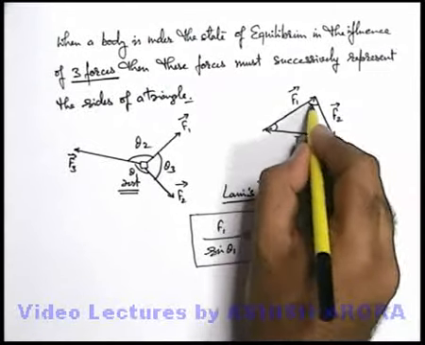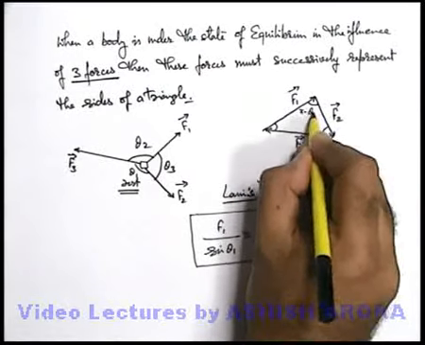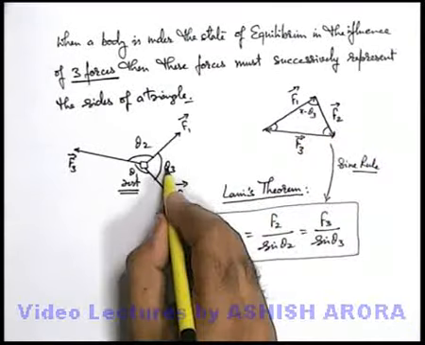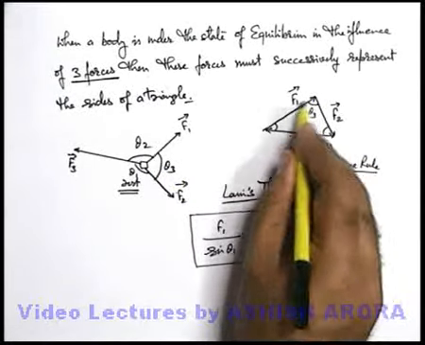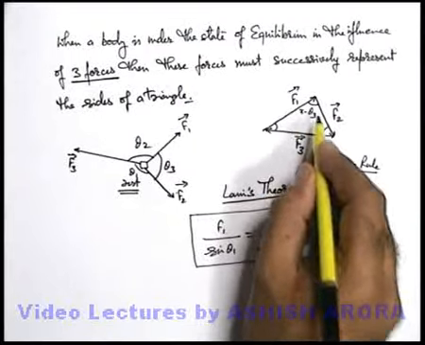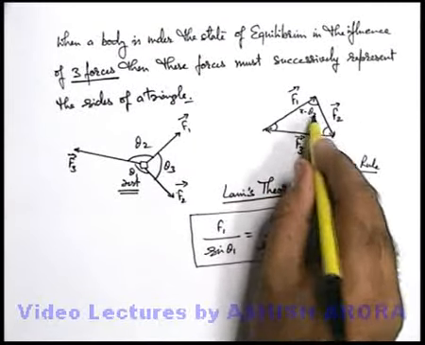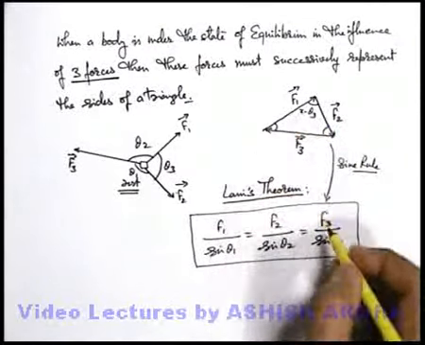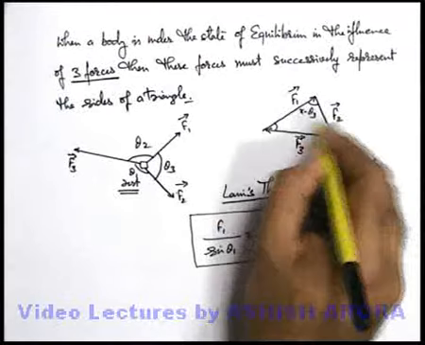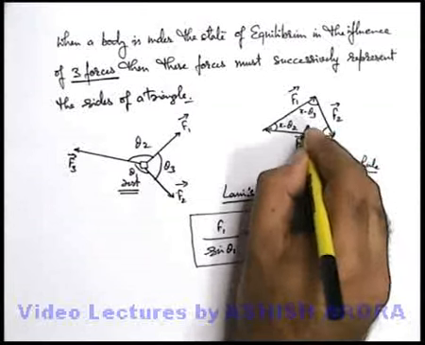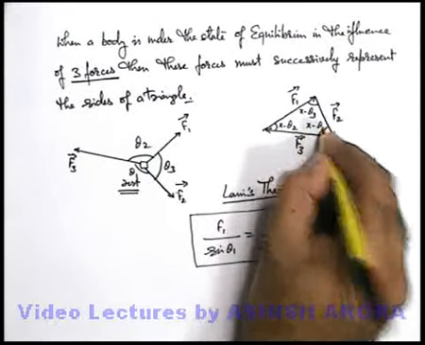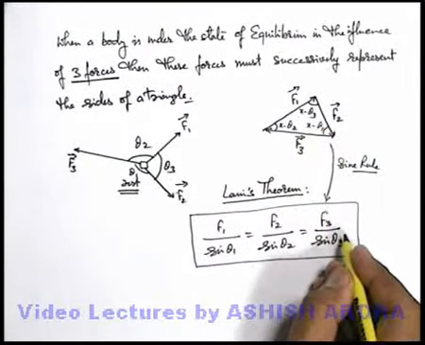So as this is f3, this angle will be pi minus theta 3. As this is theta 3, we can simply write this angle between f1 and f2 vector will be in succession pi minus theta 3. So f3 upon sine pi minus theta 3, which is obviously f3 upon sine theta 3, is equal to f2 upon sine of pi minus theta 2 and is equal to f1 upon sine of pi minus theta 1. This will directly result in Lami's theorem.